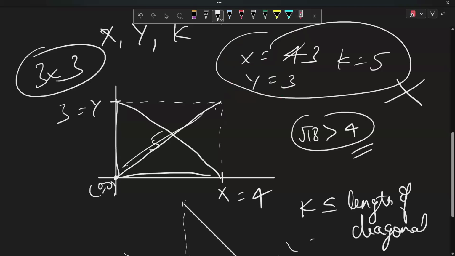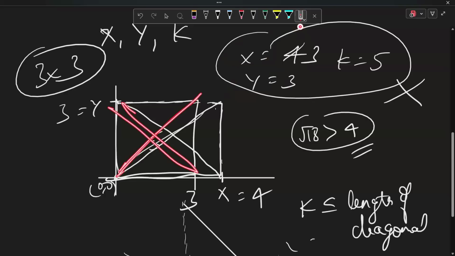If you can make a diagonal in a 3 cross 3 square only, its perpendicular would exist. So basically, this was a proof of why we are doing what we are doing: instead of considering x and y, if they are different, just take both of them as the minimum of x and y.